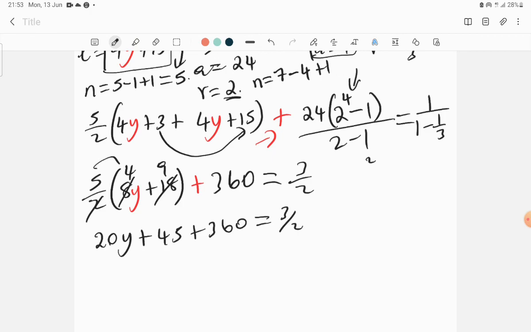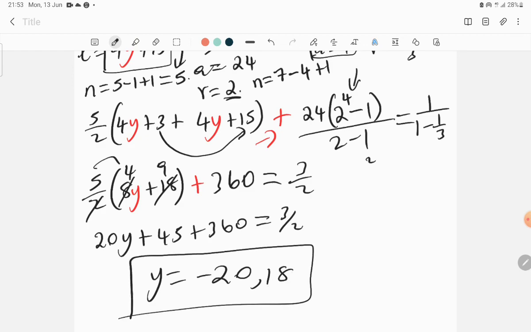Then we have 3 over 2, then minus 360, then minus 45, then divided by 20, and this is what we have. The answer is just y is equal to negative 20 comma 18. So the y value is negative 20 comma 18.